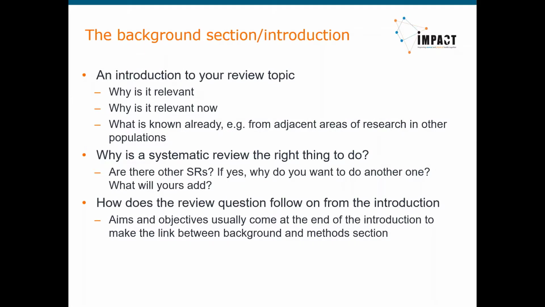To do that, you need to tell people what's already known. We already know this much, but we don't know this. And that's why I'm doing this review now. You will need a really good understanding of the literature before you do a systematic review. You'll need to know what other systematic reviews have been done already.